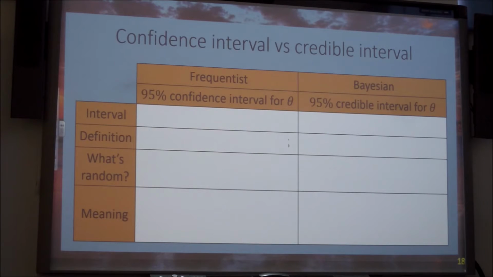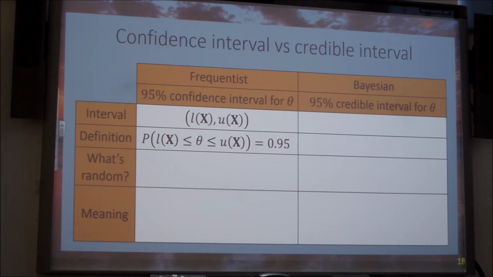And then we can also compare confidence intervals and credible intervals. So in a frequentist approach, you can define a 95% confidence interval for theta. So I'll call the interval L of x, U of x, where L and U are functions of our random variables.